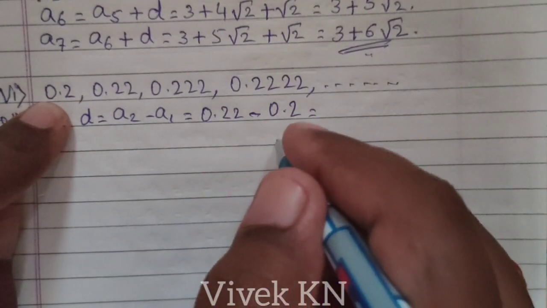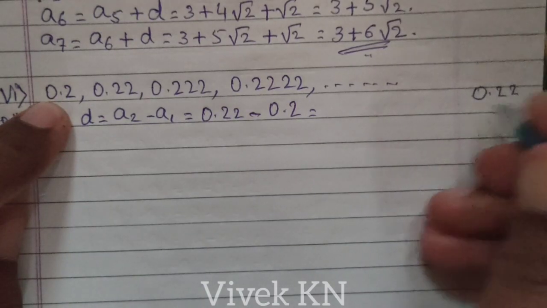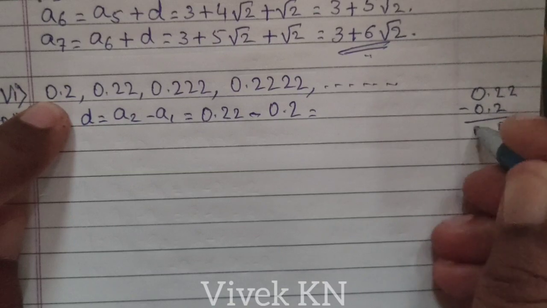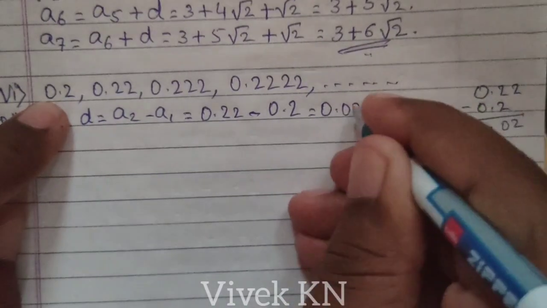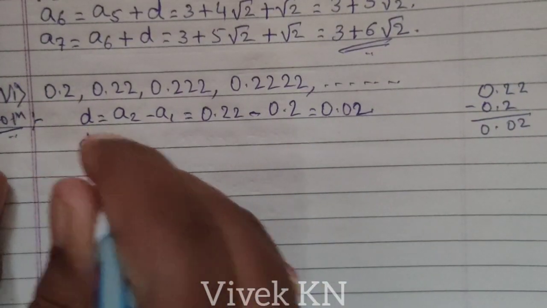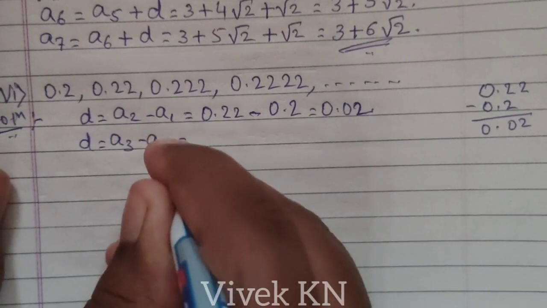Subtracting these two terms, 0.22 minus 0.2, we get 0.02 as the common difference. Next, d is equal to a3 minus a2.